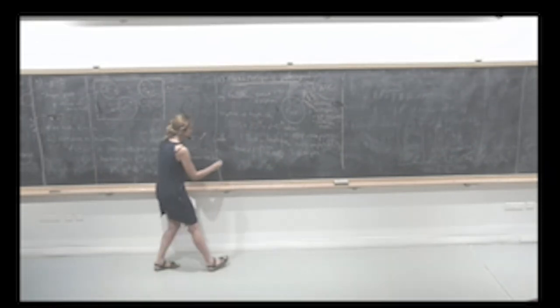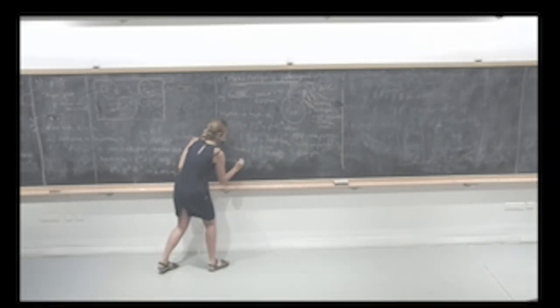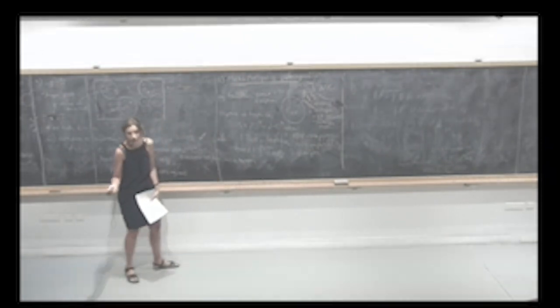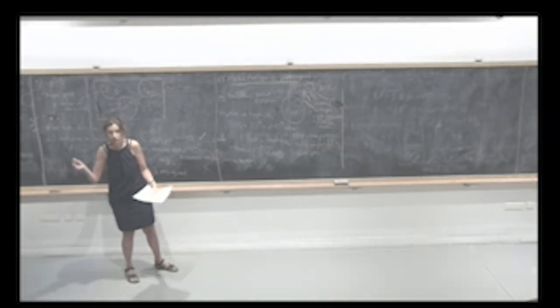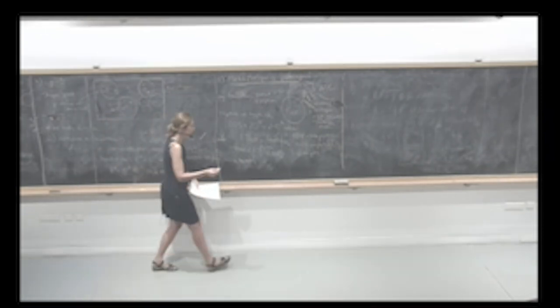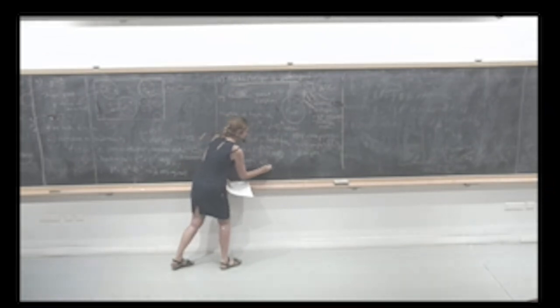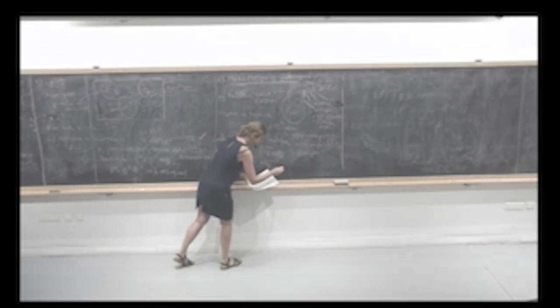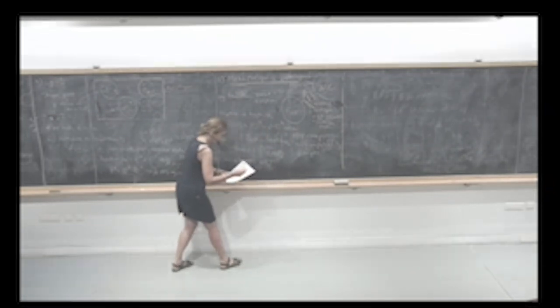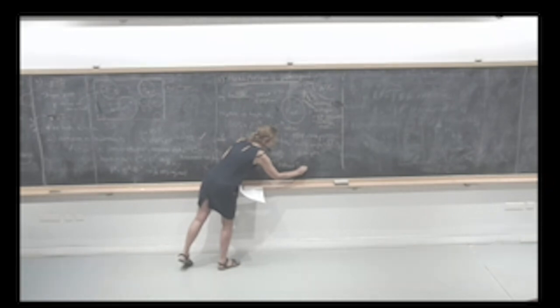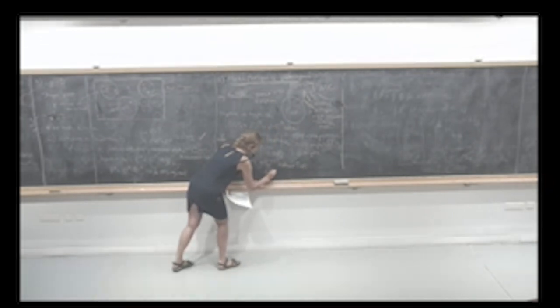In humans, and nobody has sequenced the killer whale before you ask, or whale or elephant or whatever, so I don't know the answer to that, we have about 10 to the 9th different T cells. 10 to the 11th, 10 to the 12th total.